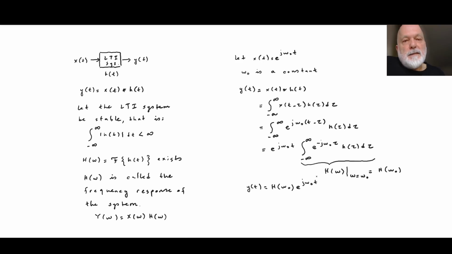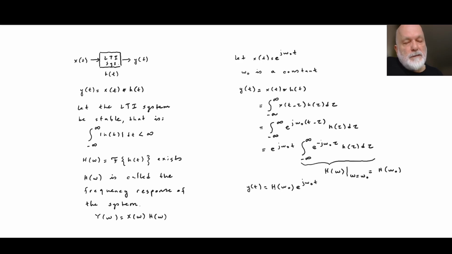Now this analysis is in fact an explanation of the name given to the Fourier transform of h of t. The name is frequency response, and we clearly see that when the input is the complex exponential signal e to the j omega 0 t, the output is the same complex exponential signal but multiplied by a constant, because omega 0 here is a constant.